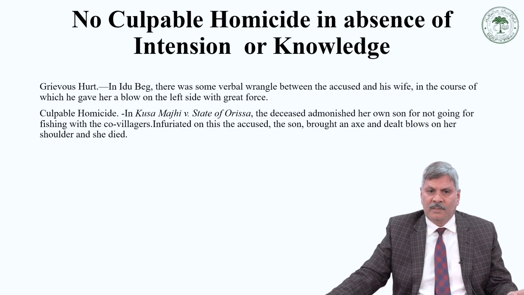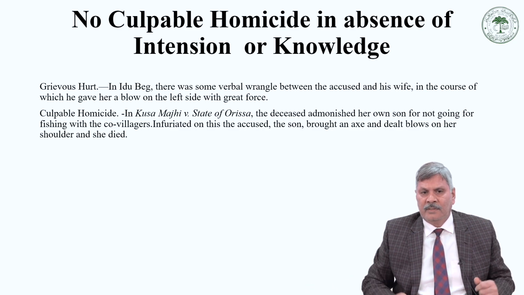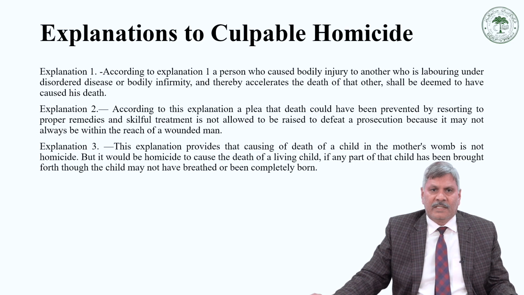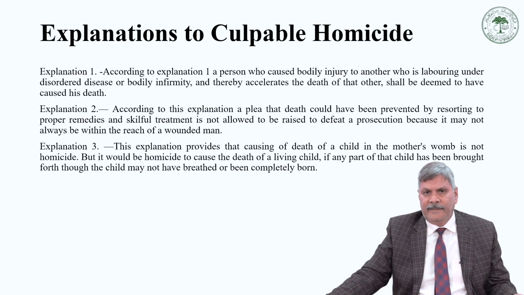The accused persons did not intend to cause injury sufficient in the ordinary course of nature to cause death. Then explanation 1, that is appended to section 299 of the Indian Penal Code and section 100 of the Bharatiya Nyaya Samhita. According to explanation 1, a person who causes bodily injury to another who is laboring under a disorder, disease, or bodily infirmity and thereby accelerates the death of that other shall be deemed to have caused his death.